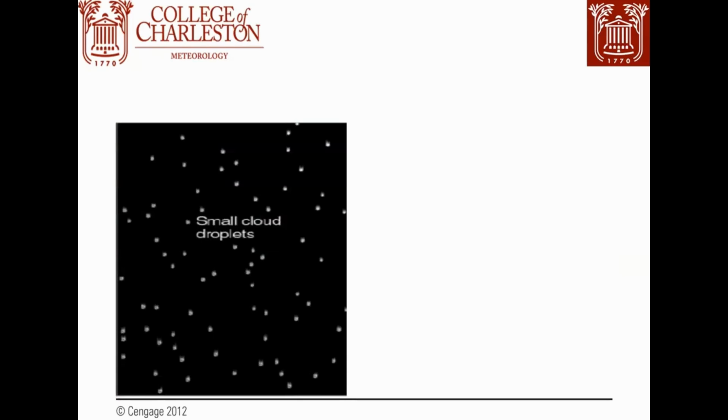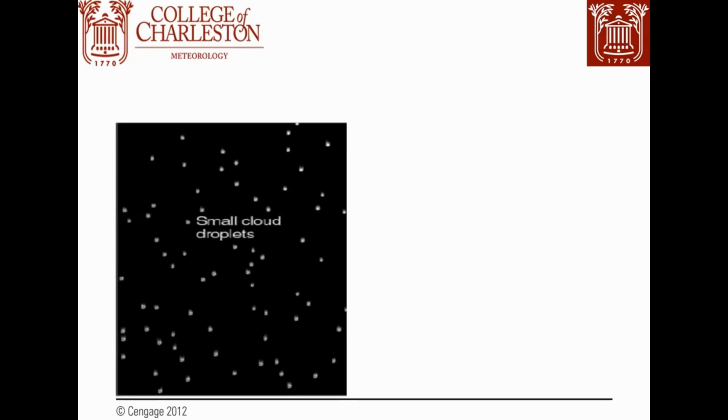Let's think about small cloud droplets that exist in the atmosphere. Now that cloud droplets have formed, we will try to understand how they can grow to the size of a rain droplet, or a raindrop. One such way is through what we call collision and coalescence.